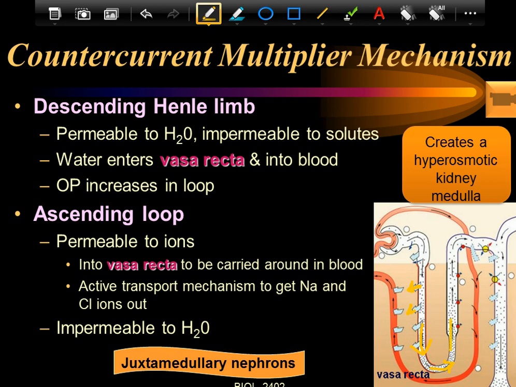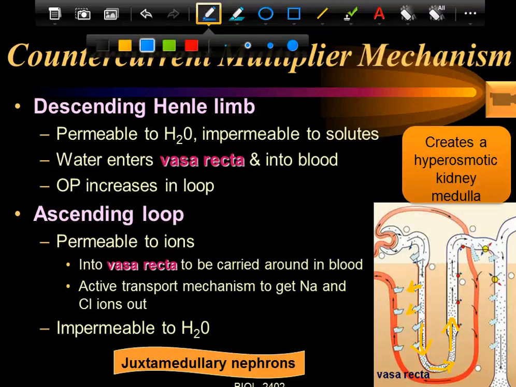But now we go up the ascending loop and things change. Because in this area, water can't get out, but the sodium can. Look at those little red dots right there. Sodium is leaving. So again, remember, let me go back to little blue dots.